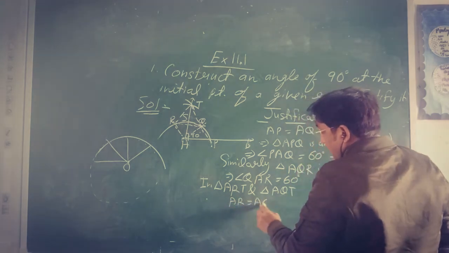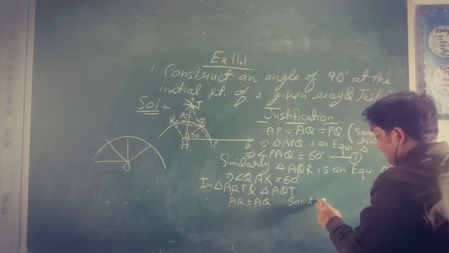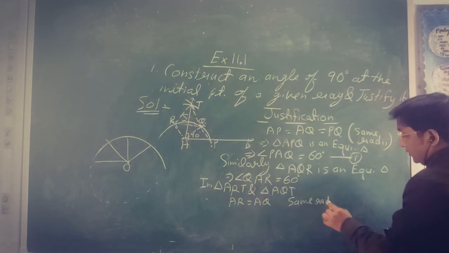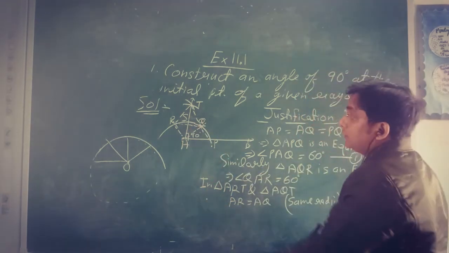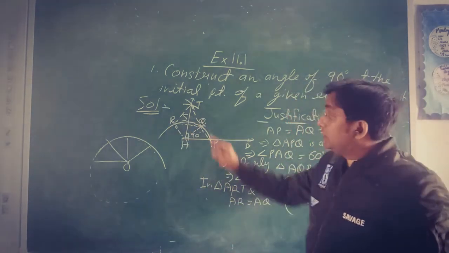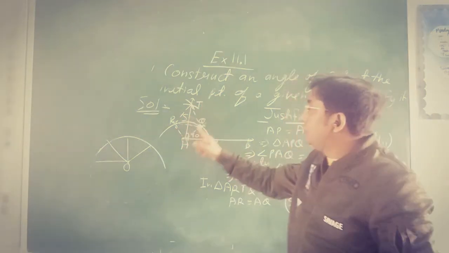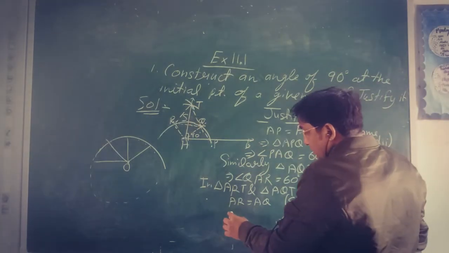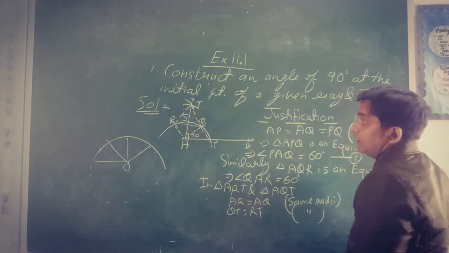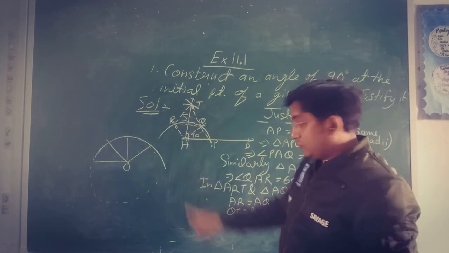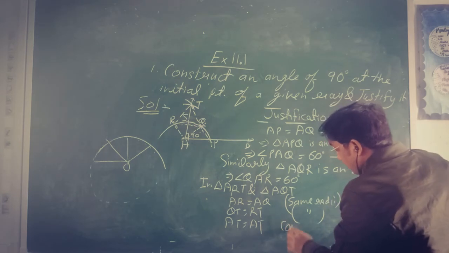AR is equal to AQ. Reason: same radii. And we have taken this T from Q and R with the same radius, so QT is equal to RT. Same radius. And AT is common, AT is equal to AT.